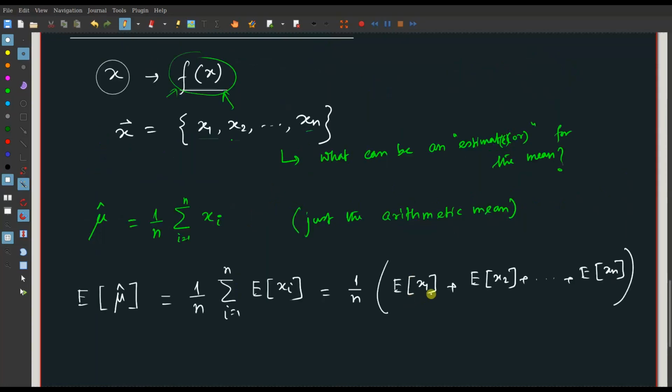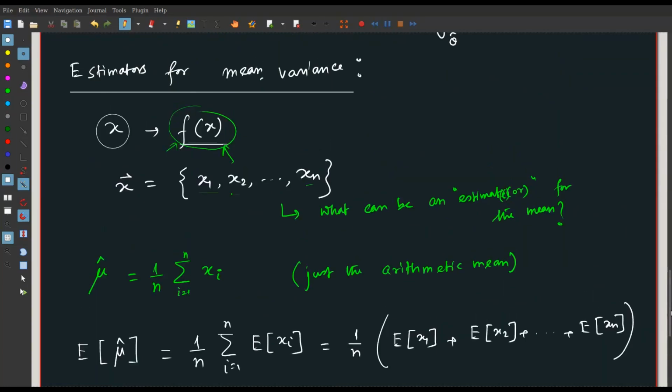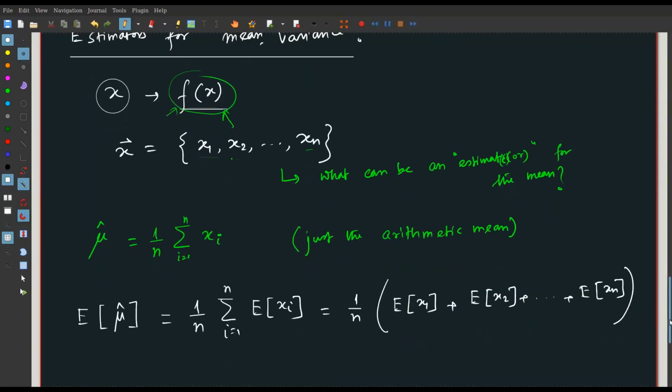Now, what are these expectation values? These are again subjected to the repetition of this experiment, what you would expect as the expectation value of x1. So suppose you make many such measurements, then here you get x1, and then here you get x1 prime, then the third experiment you get x1 double prime, and so on. So what are the averages of these x1 entries?